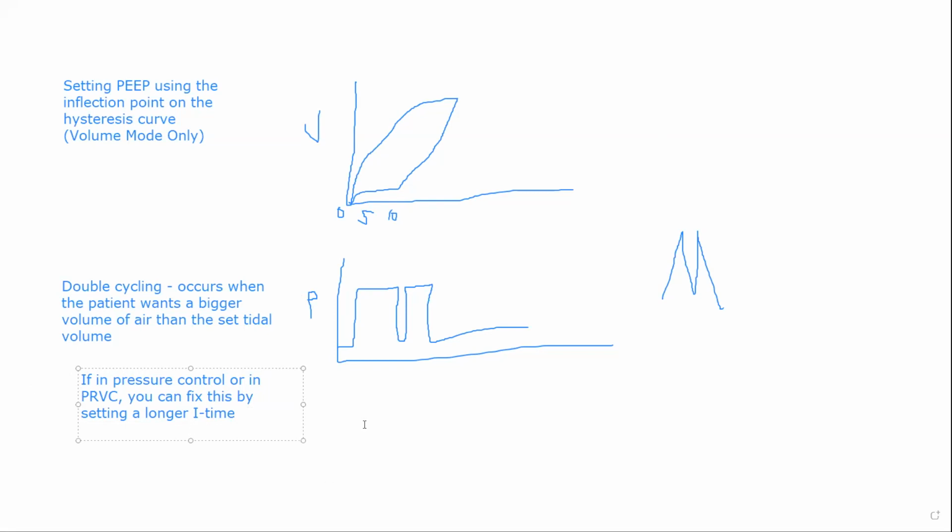So I wrote, if you're in pressure control or in PRVC, you can fix this by setting a longer I time. Have you come across that at all on your patients?